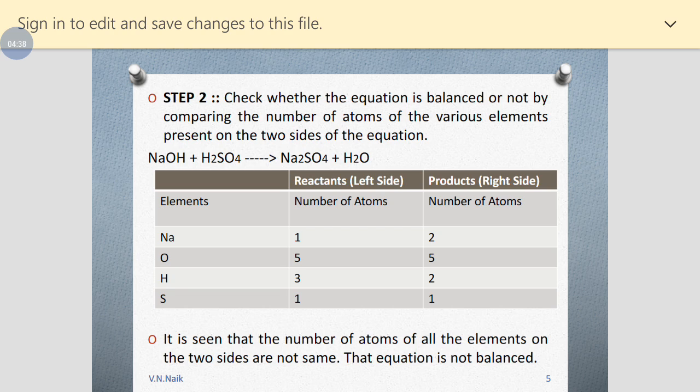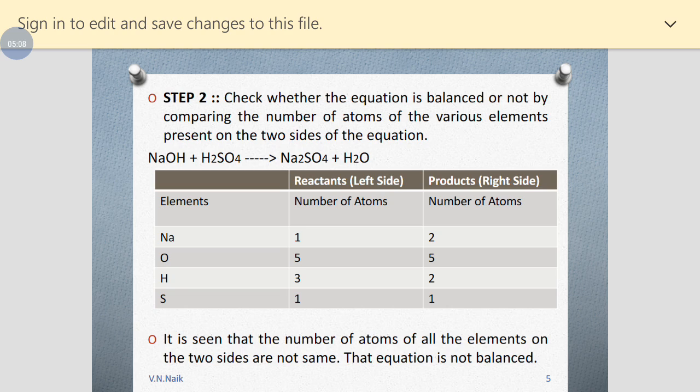Element sodium: in reactants the number of atoms of sodium is 1, while in products it is 2. Oxygen: in reactants 5, in products 5. Hydrogen: the number of atoms of hydrogen in reactants is 3, while in products 2. And sulfur: the number of atoms of sulfur in reactants is 1 and in products also 1.